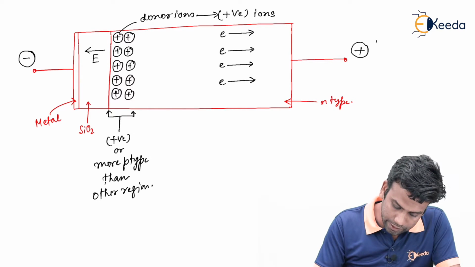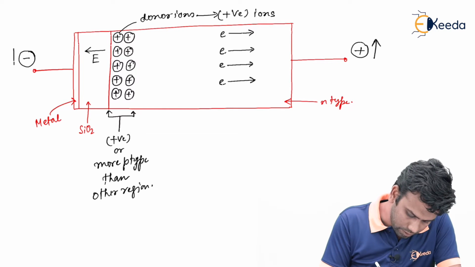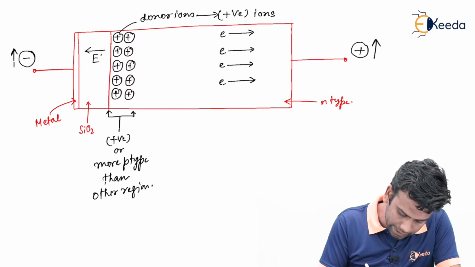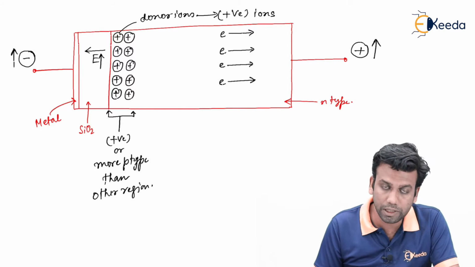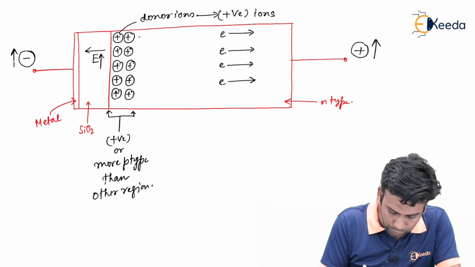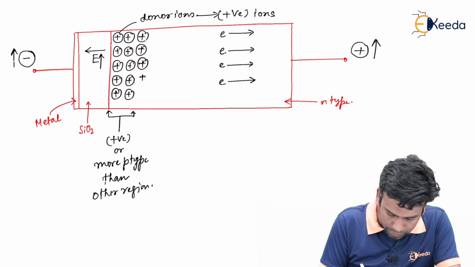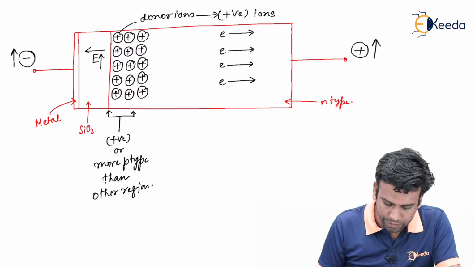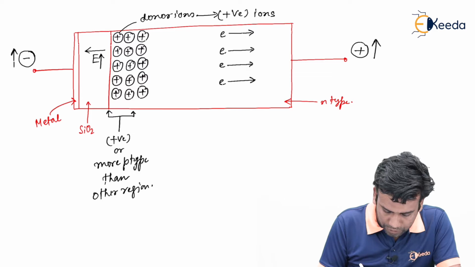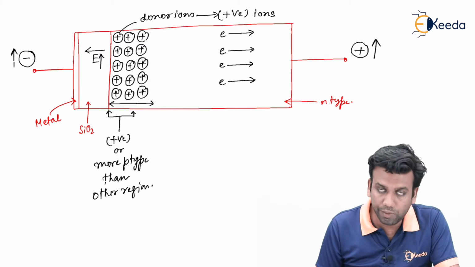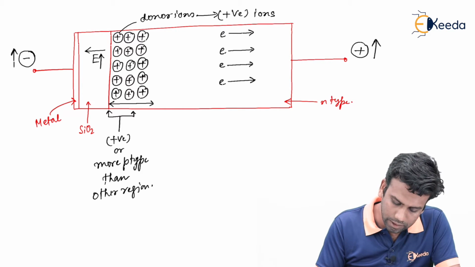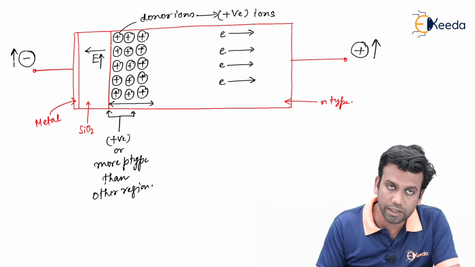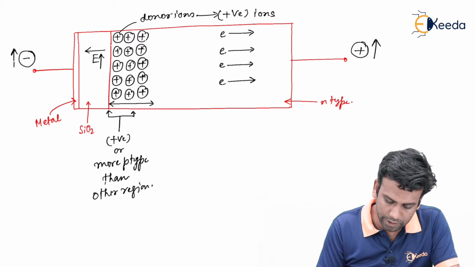Now if we increase this potential, then the electric field intensity will increase and more donor ions will be accumulated in this fashion. That means now this depletion layer width will increase as the intensity of the external voltage is increased.